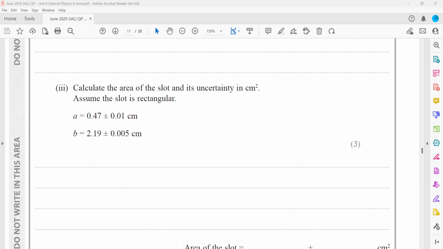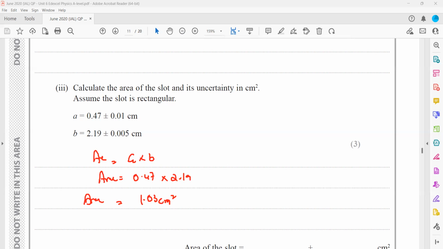Whenever two quantities are multiplied, we first take the percentage uncertainty of each quantity and then add. The area will be A multiplied by B, so 0.47 times 2.19. That gives the cross-sectional area, which is 1.03, and the unit is centimeter squared.